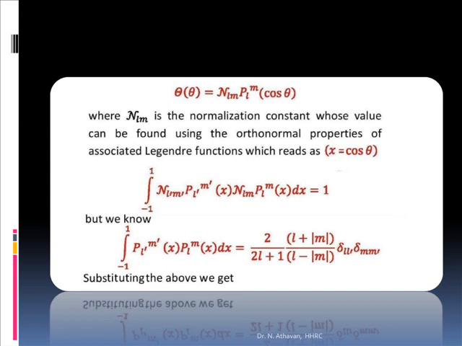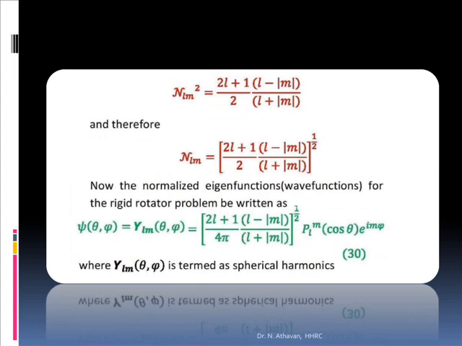Therefore, substituting the above value in the normalization condition, we get N_lm squared equal to (2l plus 1) by 2 times (l minus mod m) by (l plus mod m), and therefore N_lm is equal to the value given here. Now we have solved the theta equation also.